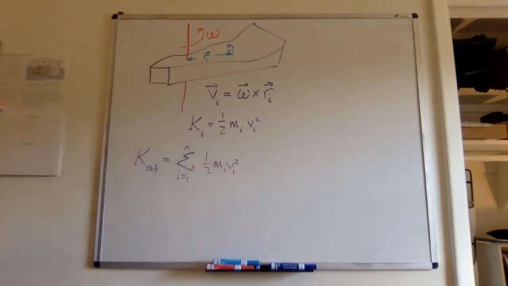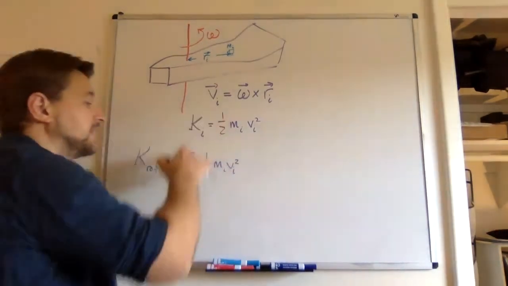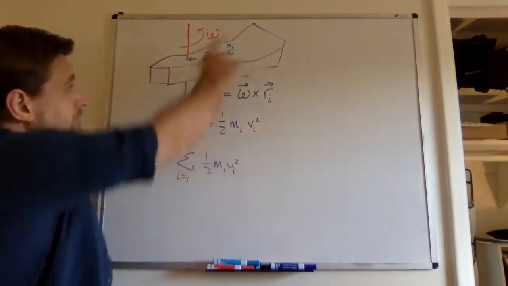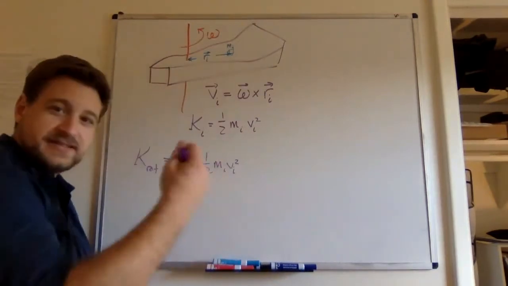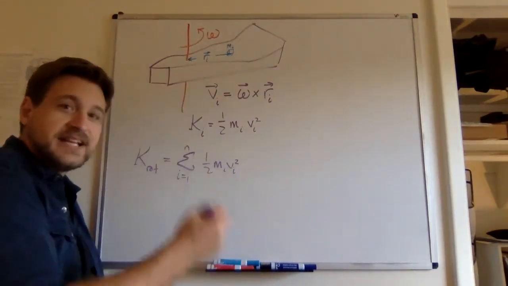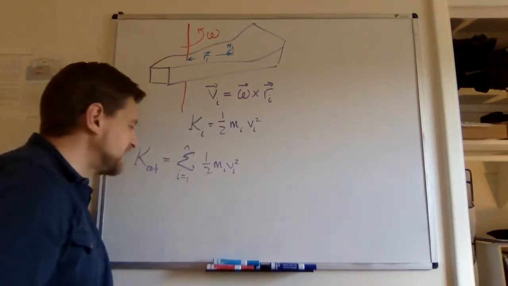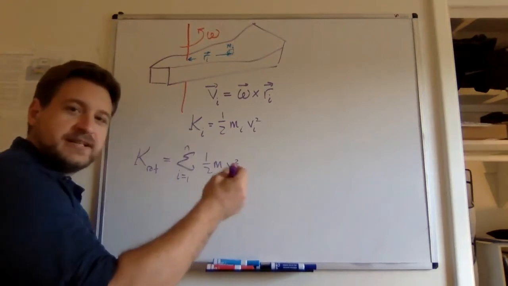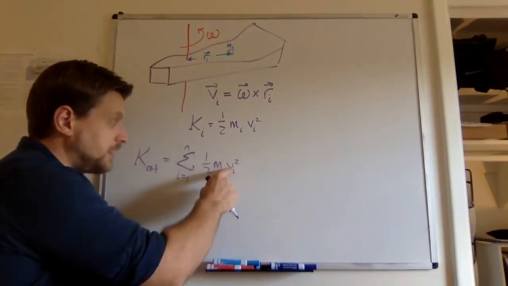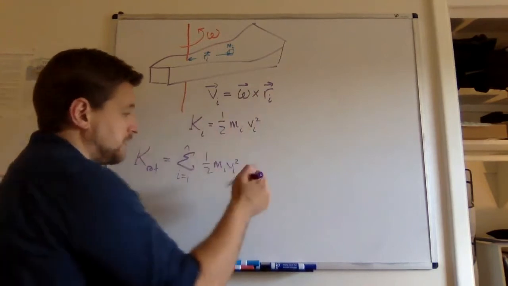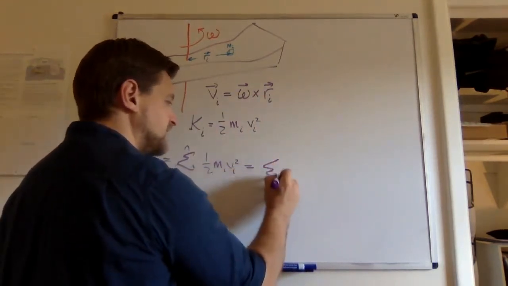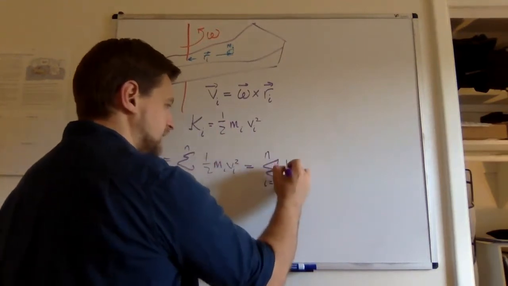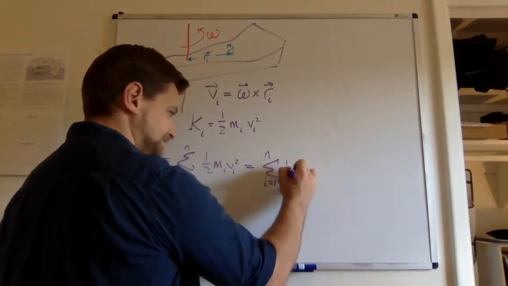And now it's clear that i, in this case, doesn't stand for initial, it stands for index. Every mass in the object has a little deli counter butcher ticket, and we're now serving mass number 3. What is your mass? How far away are you from the axis of rotation? I can calculate your speed that way, and then I can calculate your kinetic energy.